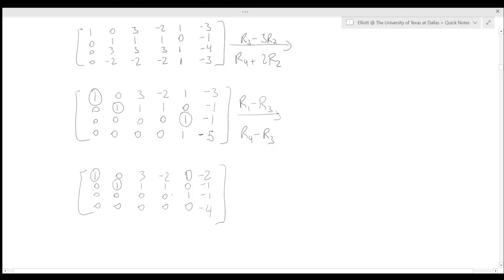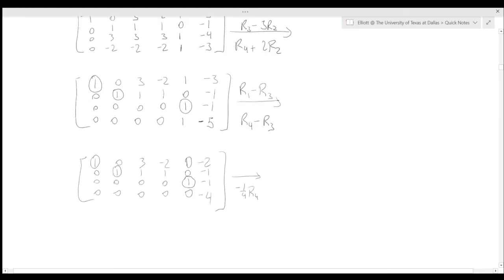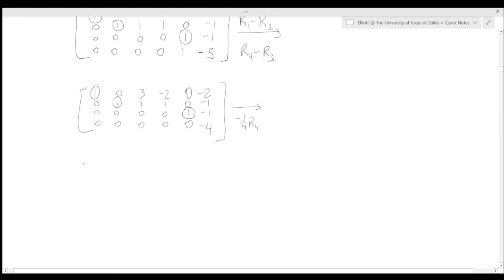So we have pivots here, here, here. And we've got this one final pivot, so I'm going to have to multiply row 4 by -1/4 first. Because for the reduced row echelon form, every pivot must be equal to 1.